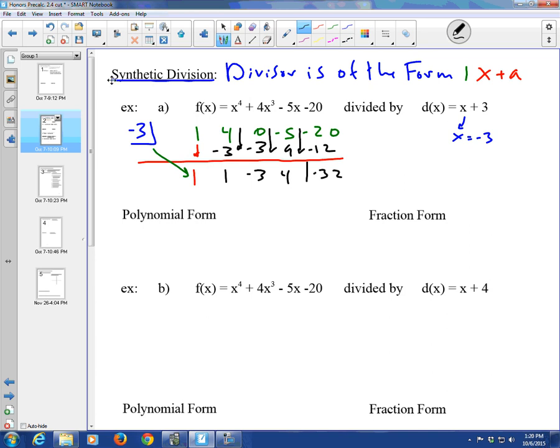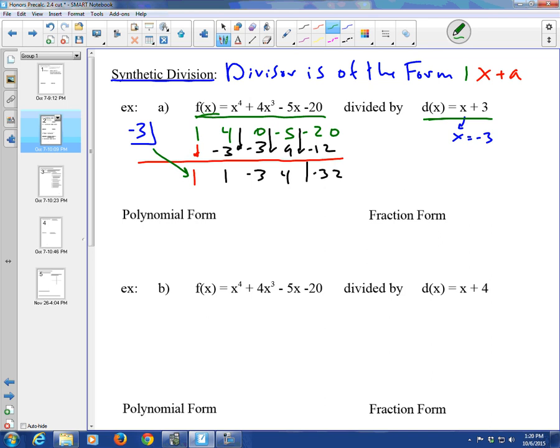Now, what we've got are the coefficients for the polynomial that is the quotient of the division of our f of x by our d of x, right? So what we've done here is divide a linear polynomial out of a fourth degree polynomial. So what we've got right here are actually the coefficients of a third degree polynomial, right?